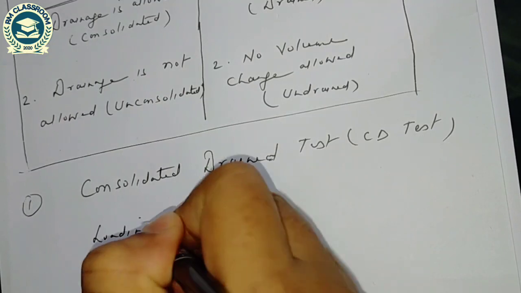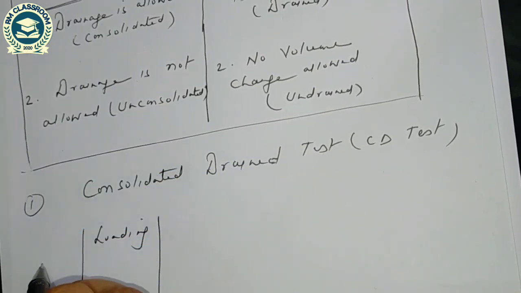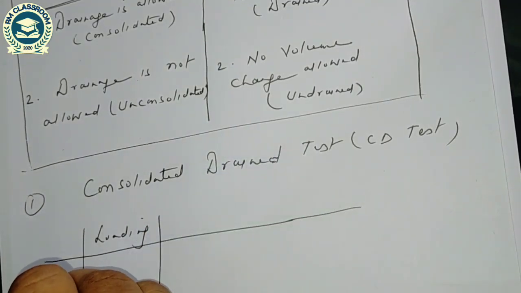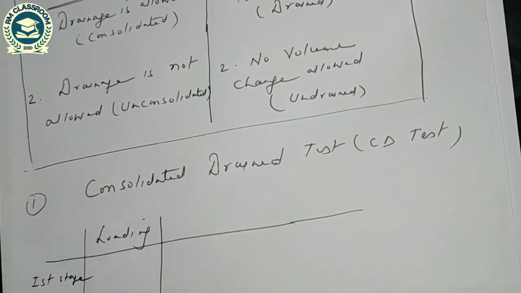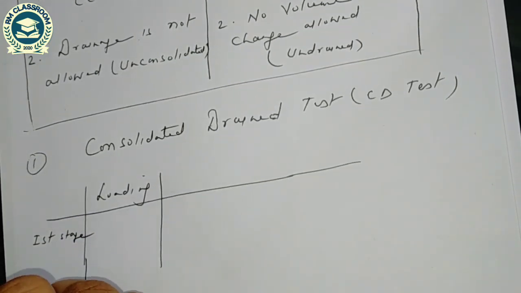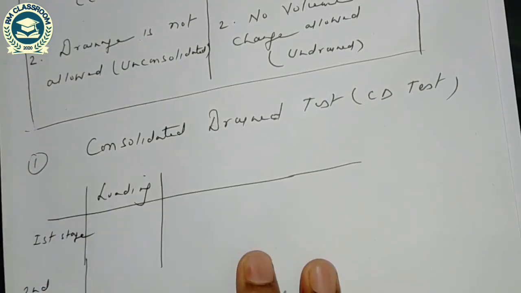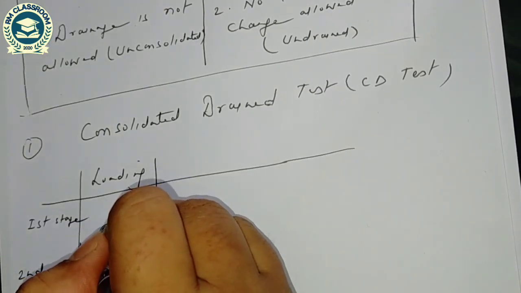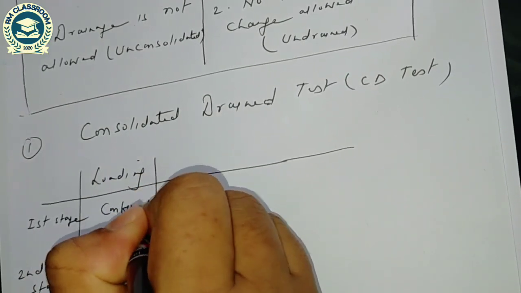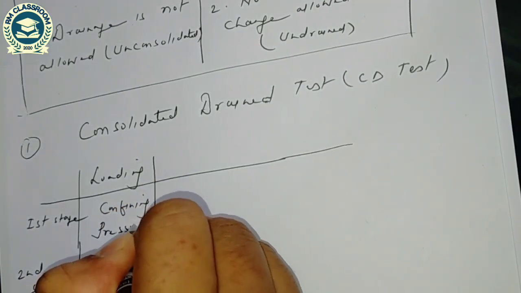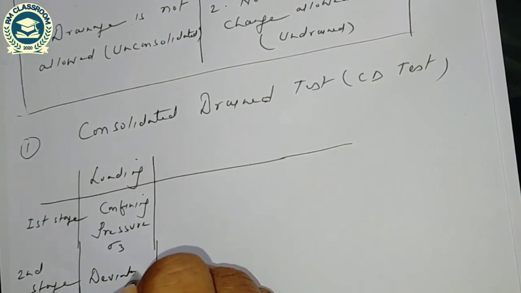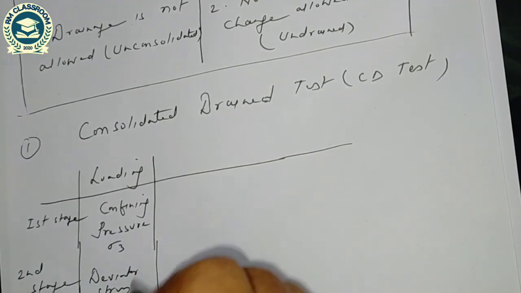So if I write the loading, in the first stage and second stage: in the first stage the loading is called confining pressure, sigma 3, and in the second stage it is called deviator stress, sigma d.